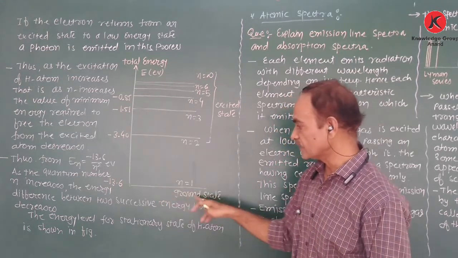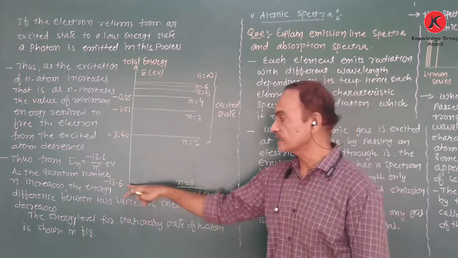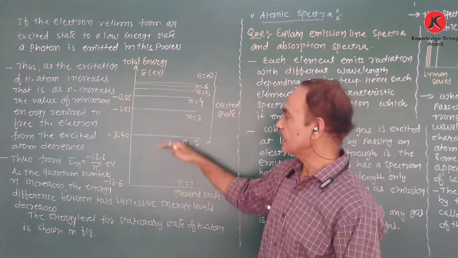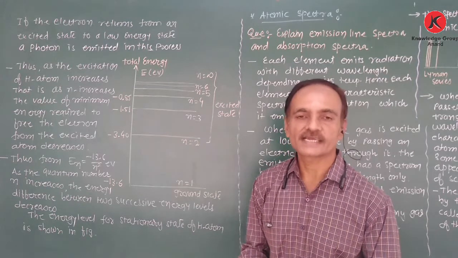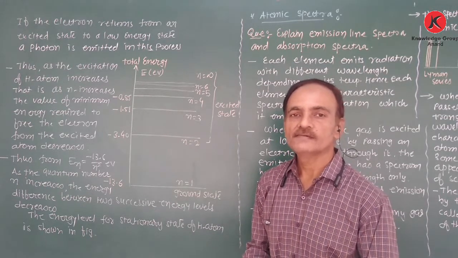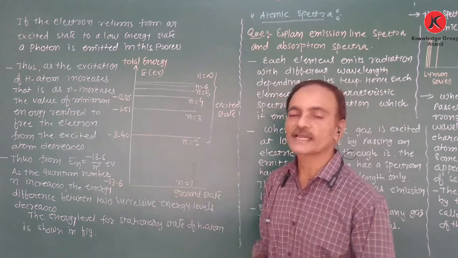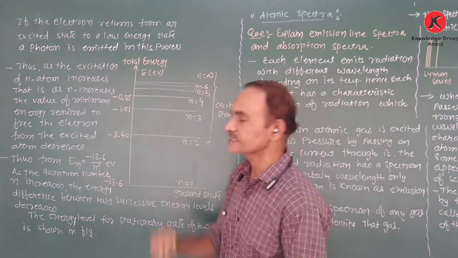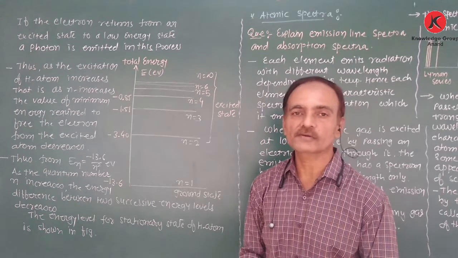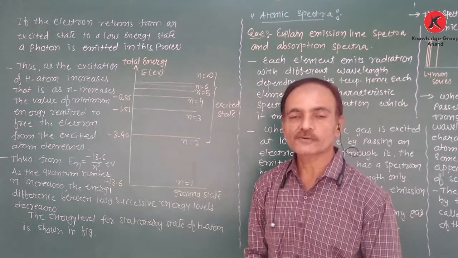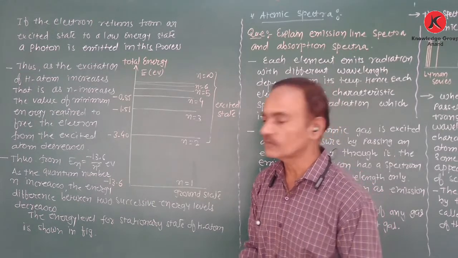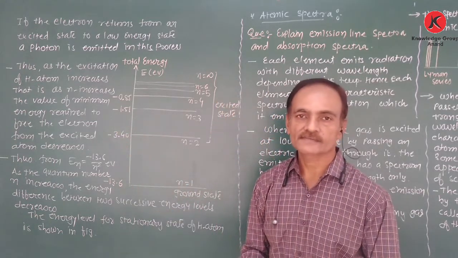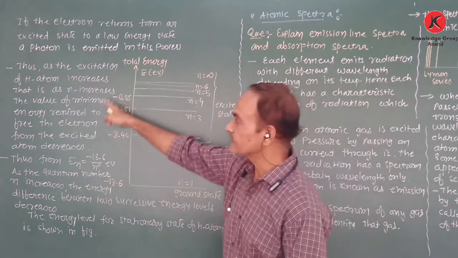To remove the electron from the ground state, we require 13.6 electron volt energy. Now, when the electron is in the first excited state, it requires 10.2 electron volt energy. So 10.2 electron volt energy is required to make the electron free from the first excited state, and that is represented by this.